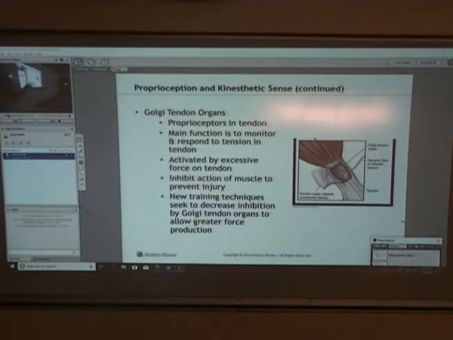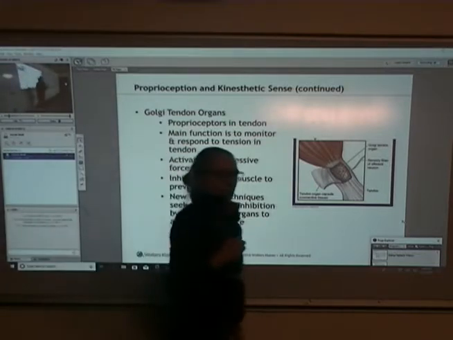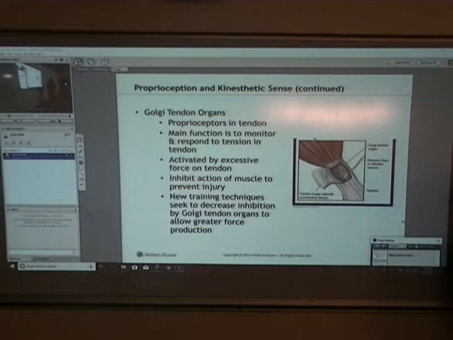Sensory organ number 2 is the Golgi tendon organ, or GTO. And the spindle responds to stretch, change in length. The GTO is responsible for responding to tension in the muscle and the tendon.